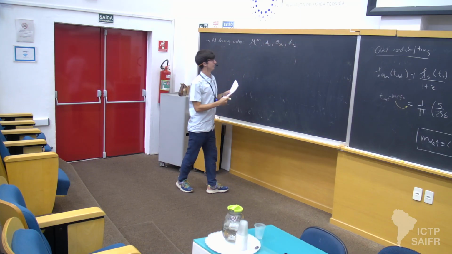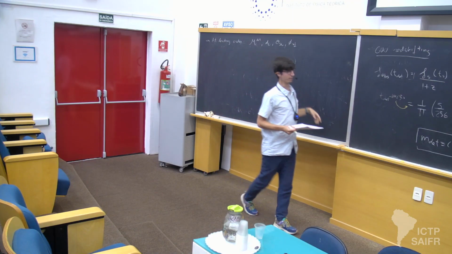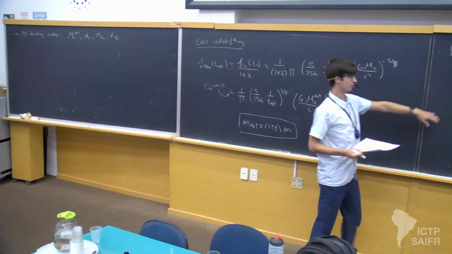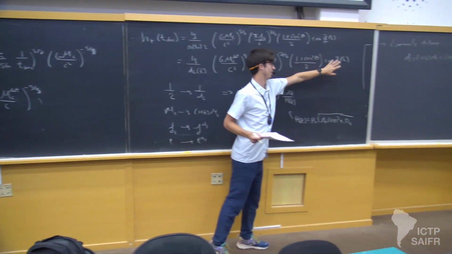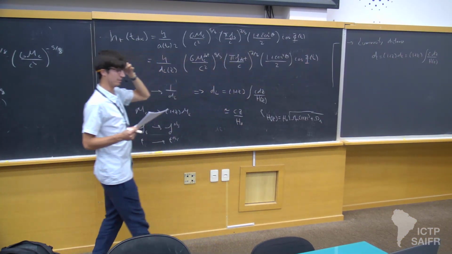This comes from this expression: luminosity distance, detector frame mass, inclination angle, and then there is a phase inside there.